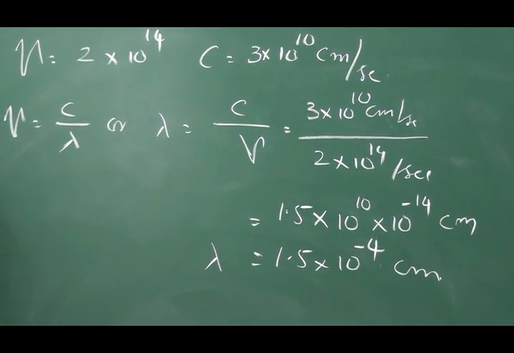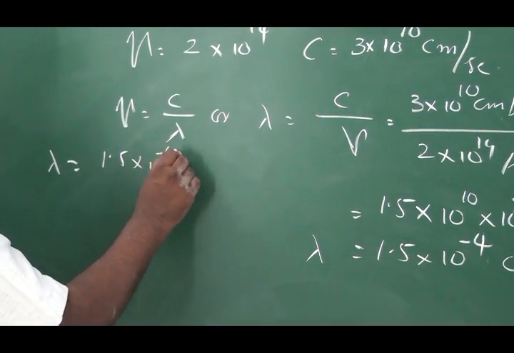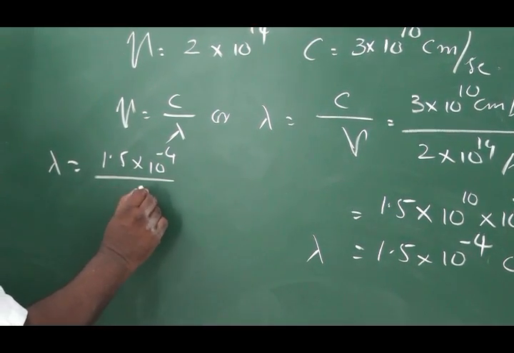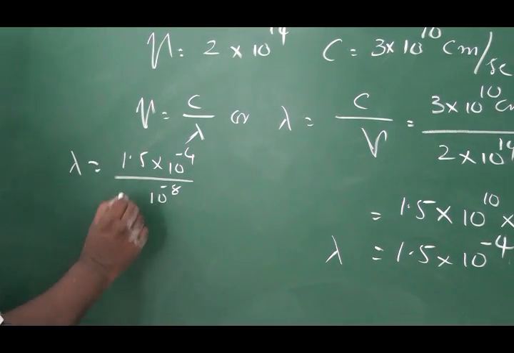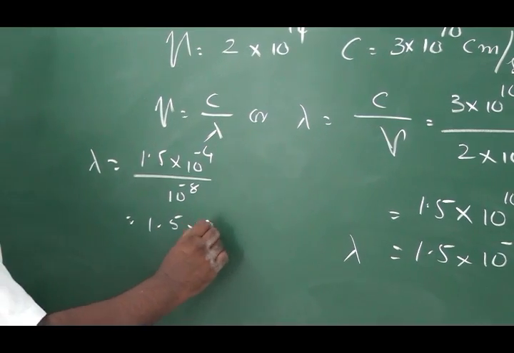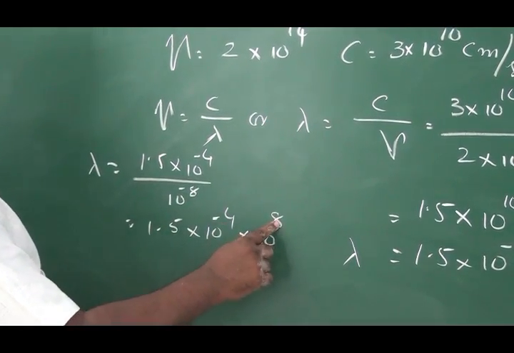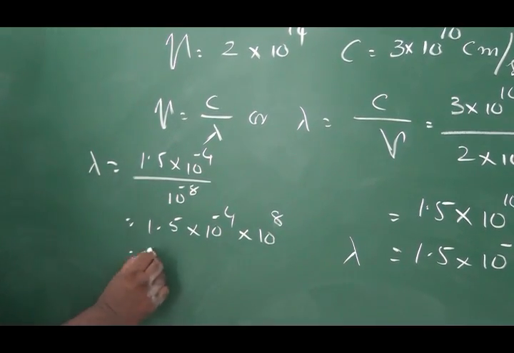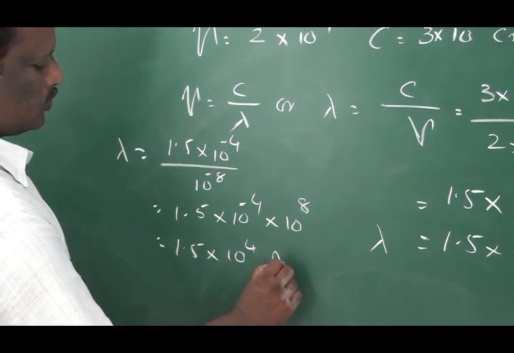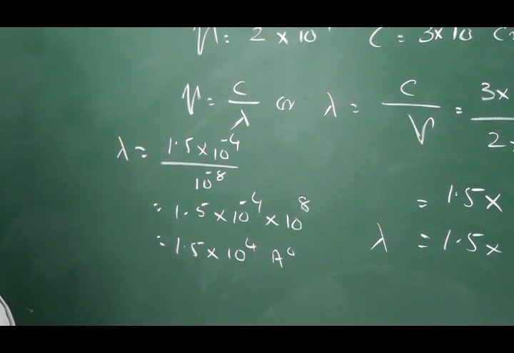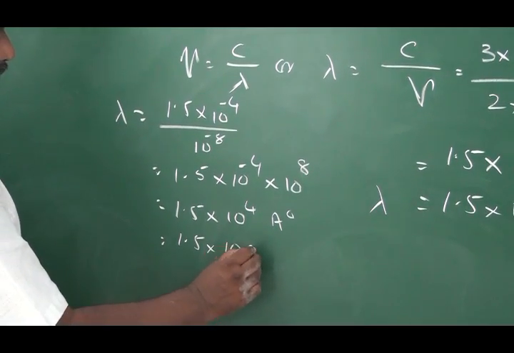So lambda is equal to 1.5 into 10 to the power minus 4 by 10 to the power minus 8, which is 1.5 into 10 to the power minus 4 into 10 to the power 8. This minus 8 will become plus 8. So here 1.5 into 10 to the power 4 angstroms, or this will be 1.5 with 4 zeros.